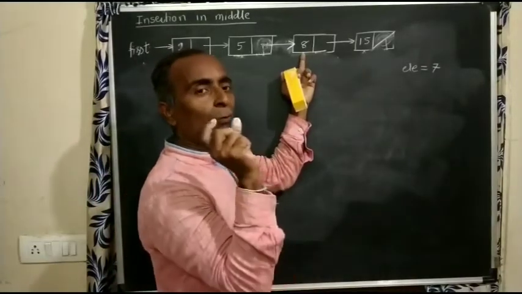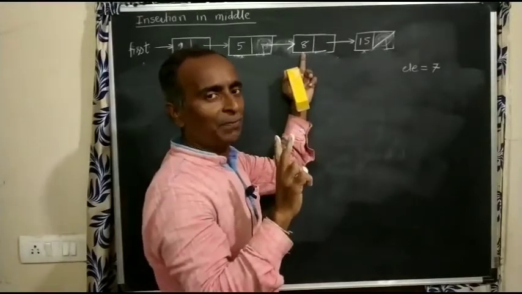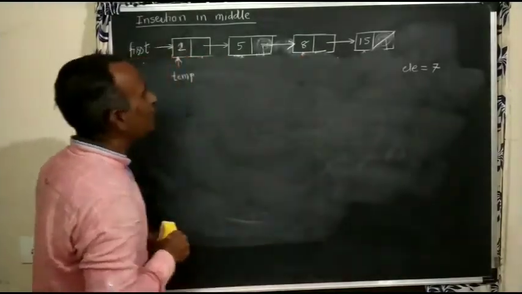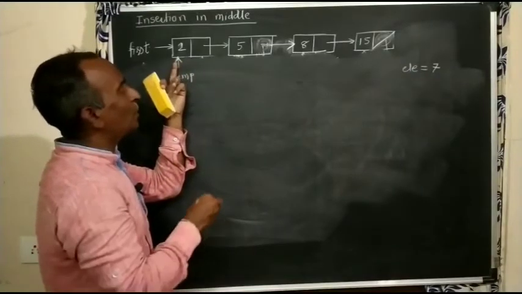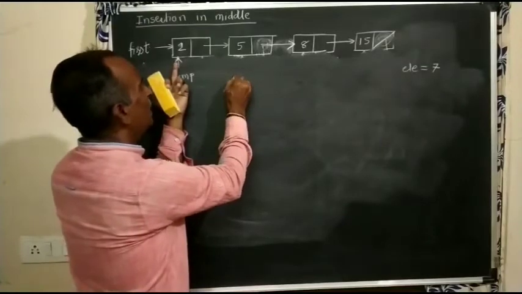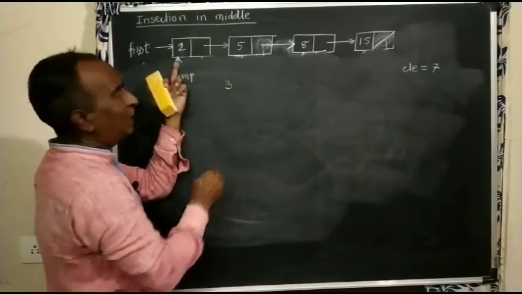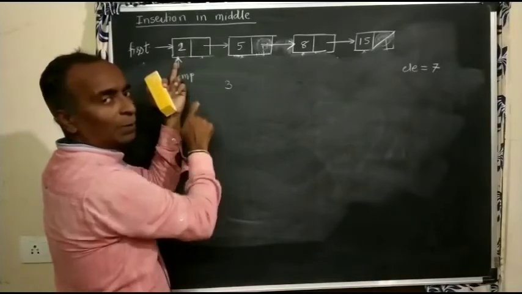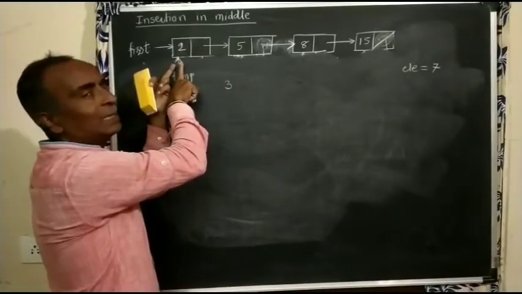So temp is used to point to the predecessor node's address, right? Now let us say insertion of 3. 3 should be after this node, definitely. So I want temp here itself.